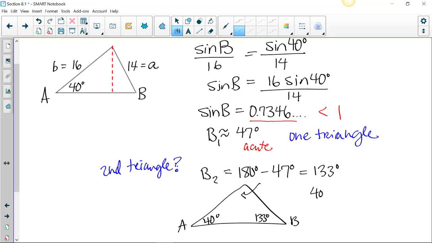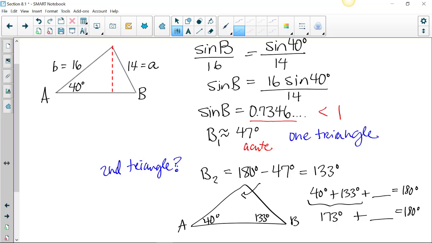So 40 plus 133 plus this angle has to be equal to 180. If these two add up to be more than 180, we're in trouble. What is it? 173. So there are still some degrees here for that third angle.